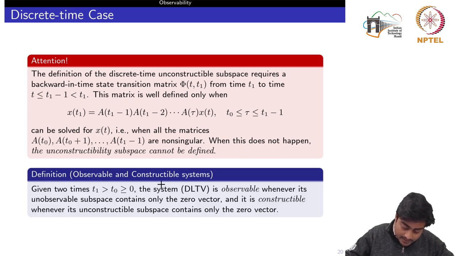Talking about the systems, given two times t1 and t0, the system DLTV is observable whenever its unobservable subspace contains only the zero vector, and it is constructible whenever its unconstructible subspace contains only the zero vector. These are the same definitions we used while understanding the concepts in the continuous time case.